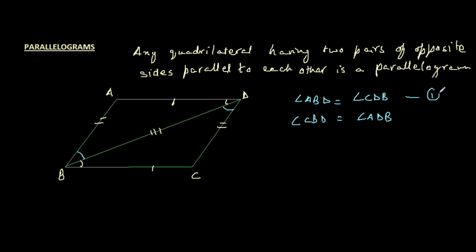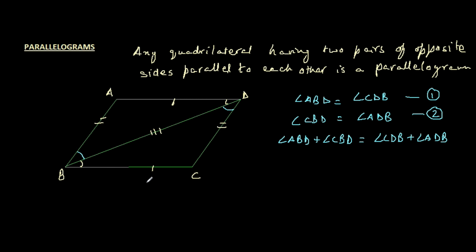So if this is equation number 1 and this is equation number 2, what happens if I add both of them together? I get angle ABD plus angle CBD, which should be equal to angle CDB plus angle ADB. I've just added the LHS together and the RHS together. LHS is the left hand side and RHS is the right hand side.